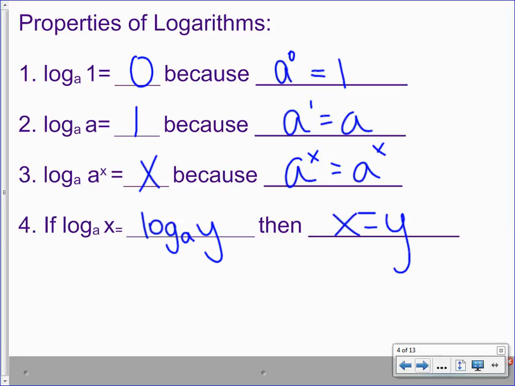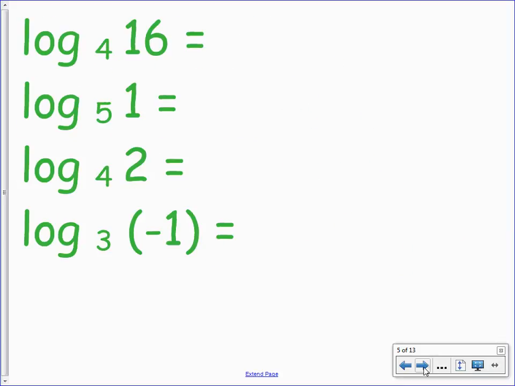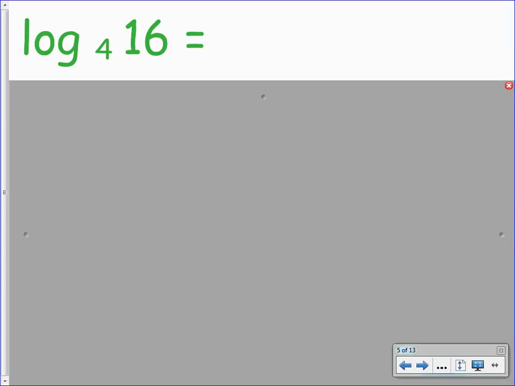Okay, so let's go ahead and evaluate some logarithms. You can use those properties. You can rewrite to help you. Log base 4 of 16. If you want to think about it, 4 to what power equals 16? 2.